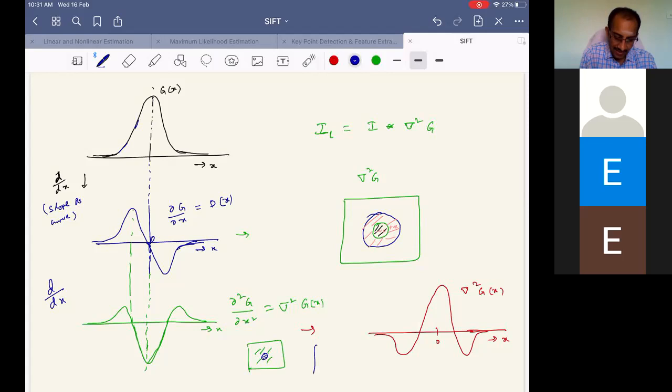Or suddenly there is an intensity change at some point from the neighborhood. These are all different intensities, and then suddenly you have an intensity change here. So that's what it can easily identify. It is referred to as a blob detector.